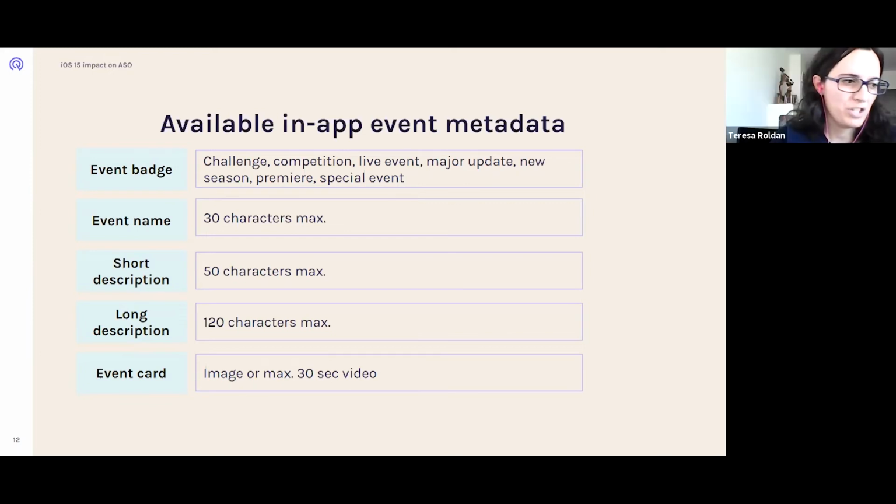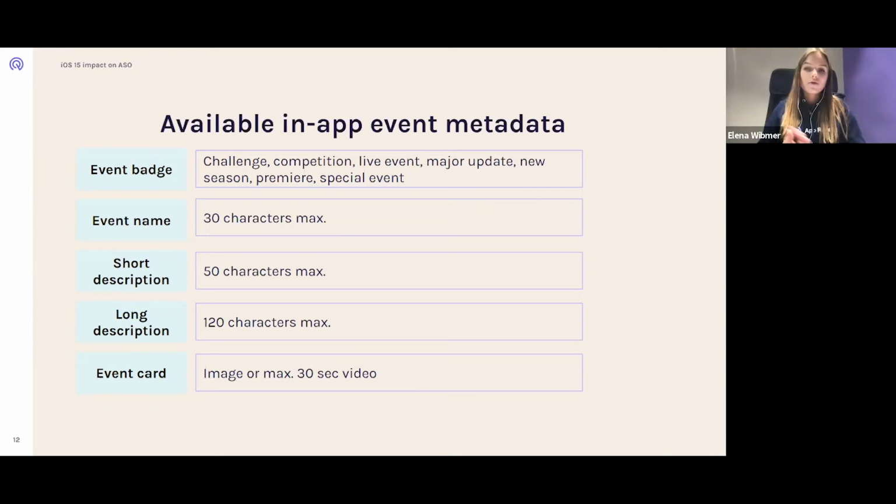So some of these metadata fields of these in-app events you've mentioned will be indexed by Apple, right? How would in-app events impact ASO in general? Yeah, so first of all, it will strongly impact search. As an example, when a user searches for a specific event, let it be a new challenge, the event card will be displayed in the search results alongside the app.